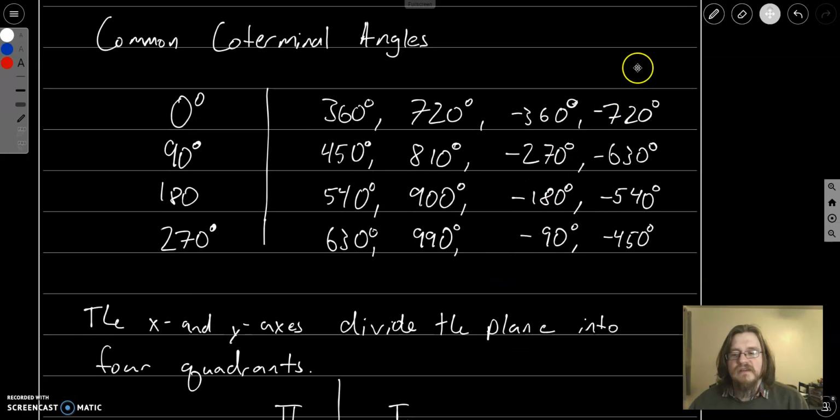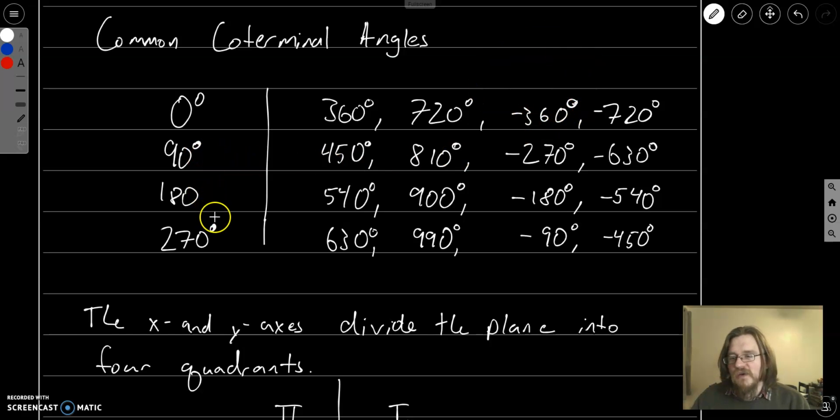Very briefly, some common coterminal angles. A 0 degree angle, one where you haven't traveled any, is coterminal with 360, exactly 1 rotation, or 720, which is exactly 2 rotations, or negative 360 or negative 720. Those are just going to be 1 rotation in the negative direction, or 2 rotations in the negative direction.